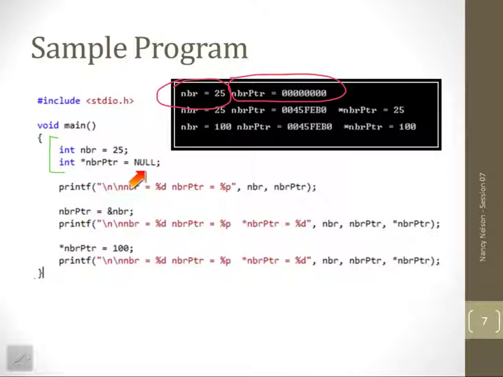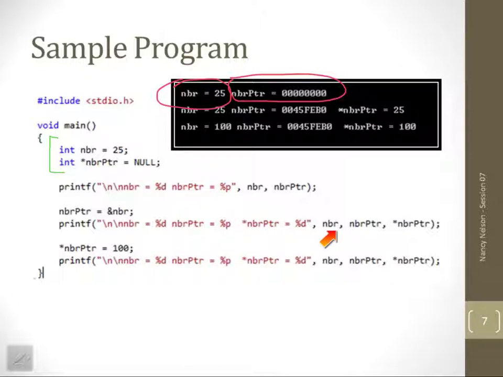Now let's see what happens. So here we're saying assign number pointer the address of number. So the address of number is wherever number has been stored in memory. If we look at the output, and we're going to use the same thing here, number equals 25 still. Number pointer is the address stored in our variable number pointer, and the contents of number pointer should be our 25 again.